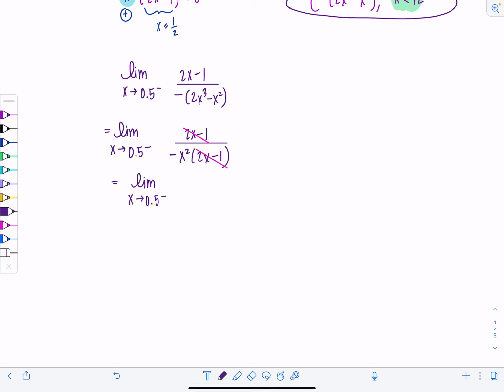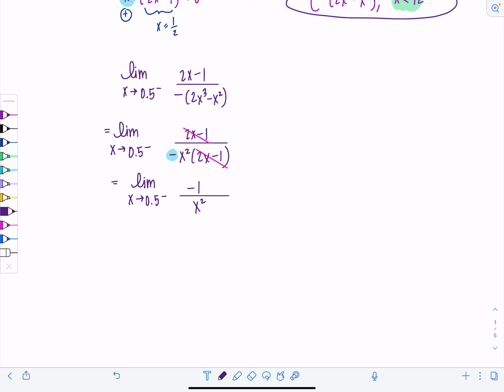In the numerator, there's just a 1. To make things look nicer, I'm going to put that negative in the numerator with the 1. Don't leave your negatives in the denominator. Either put them in the numerator or just put them outside the expression. And then all that we have left in the denominator now is an x squared.